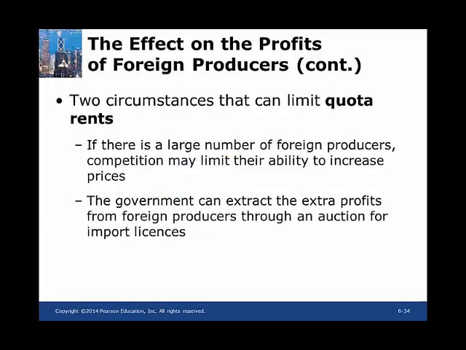Two circumstances can limit quota rents. If there is a large number of foreign producers, competition may limit their ability to increase prices. Or the government can extract the extra profits from foreign producers through an auction for import licenses.